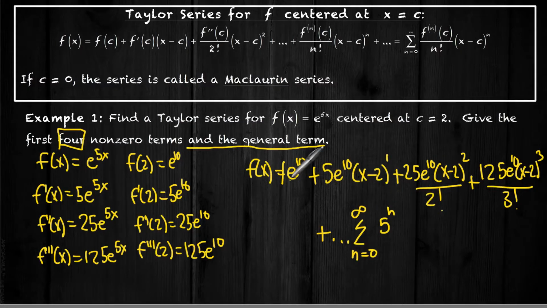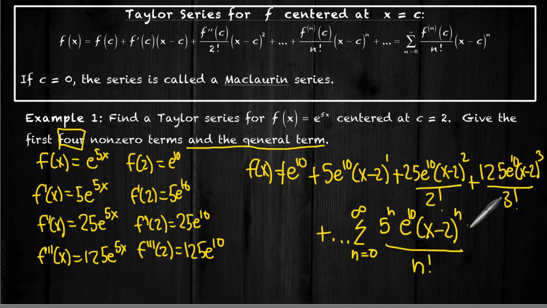And then e to the 10th power is common on every term, so we'll put that in there, e to the 10th. And then our x minus 2 is common to every term, but x minus 2 is raised to some power. So we'll say x minus 2 to the nth. And then the power that it's raised to is the same factorial that's below, so we'll call that n factorial.